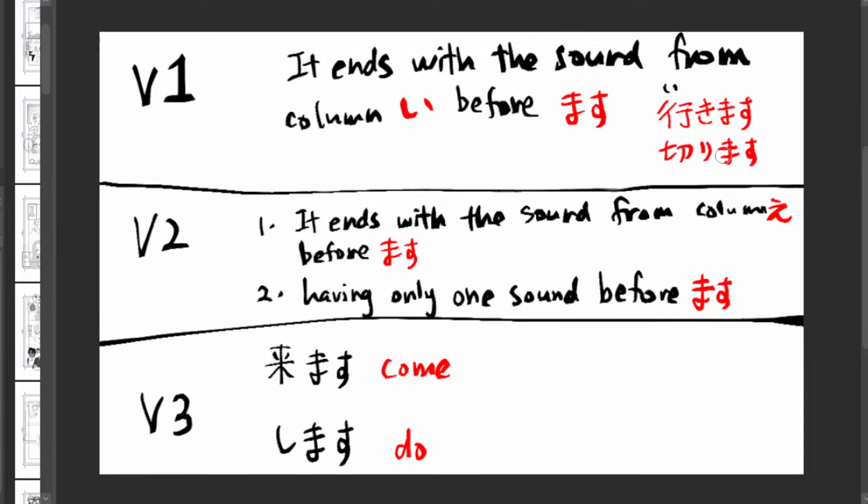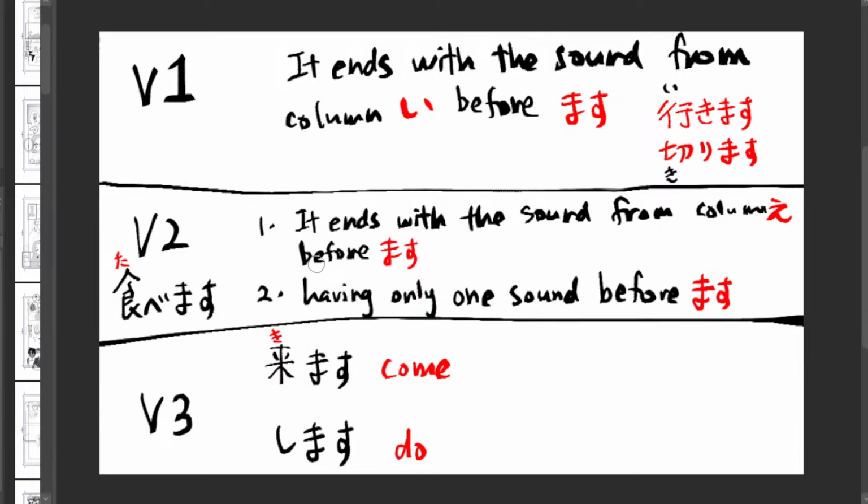Ki and ri both come from the column I. For V2, you just have to remember tabemasu, to eat. And for V3, only these two: kimasu and shimasu, to come and to do.